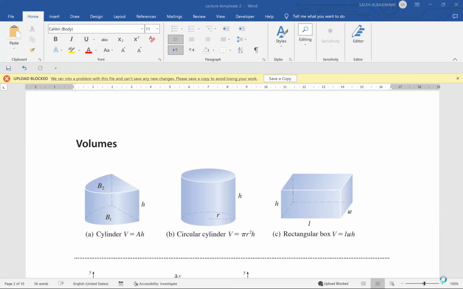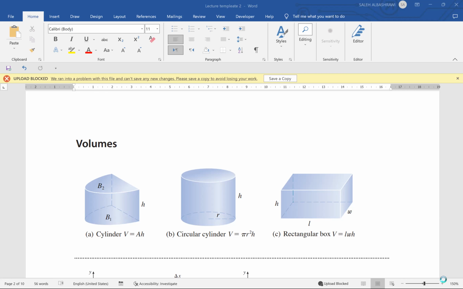But if we have an irregular shape, for the area, we slice the curve or partition the interval from A to B, and then we draw small rectangles, and then we find the sum of all the areas of the small rectangles. For the volume, we have the same concept.